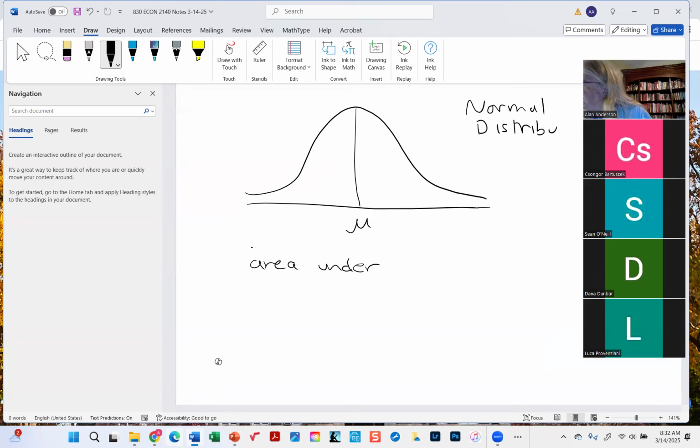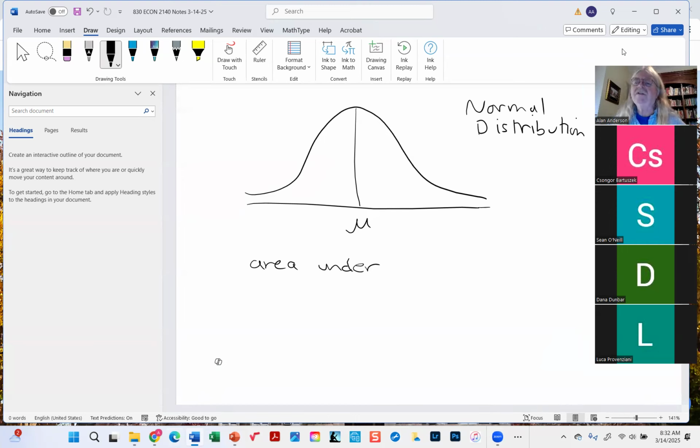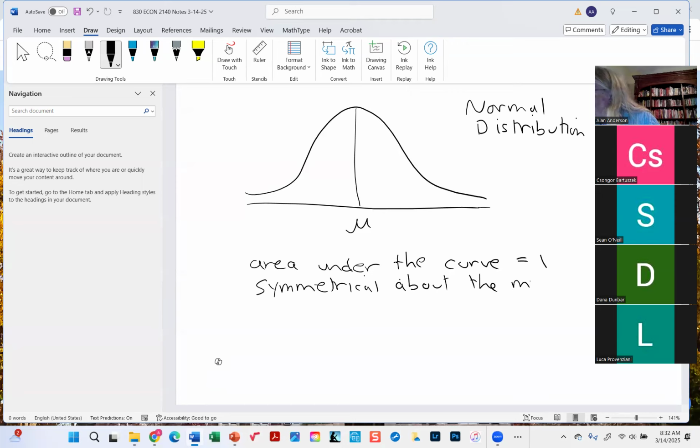What you're seeing me write on here, I'll be posting it in Blackboard so it doesn't get lost. In other words, you don't have to write every single word down because I will be posting this. So area under the curve equals 1. And the distribution is symmetrical about the mean, as you can plainly see. That can help us simplify some of our calculations.